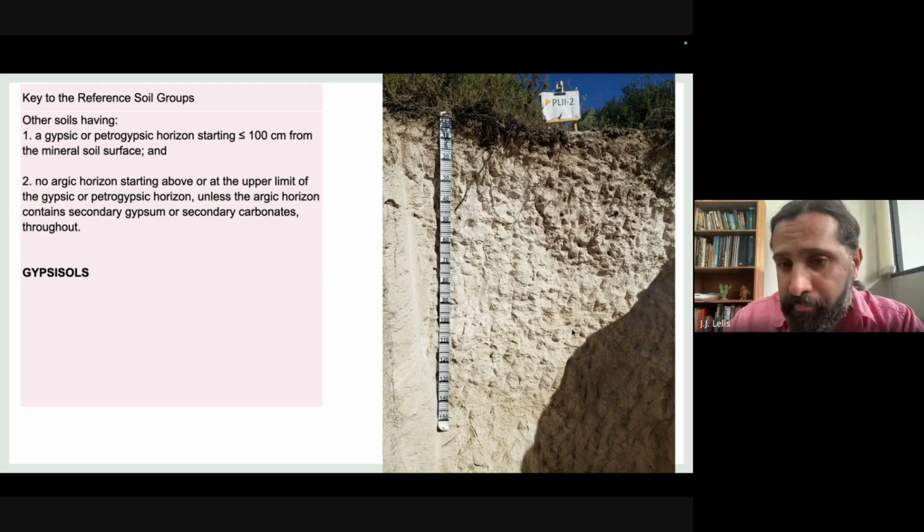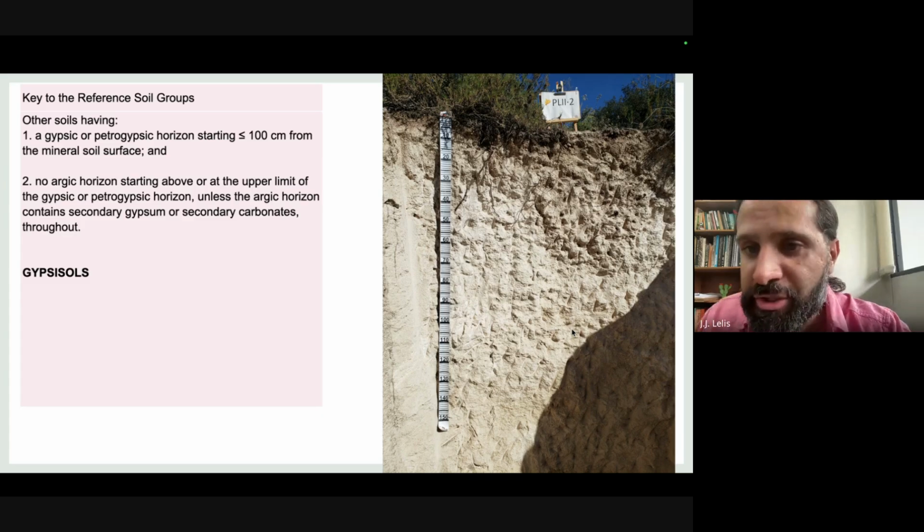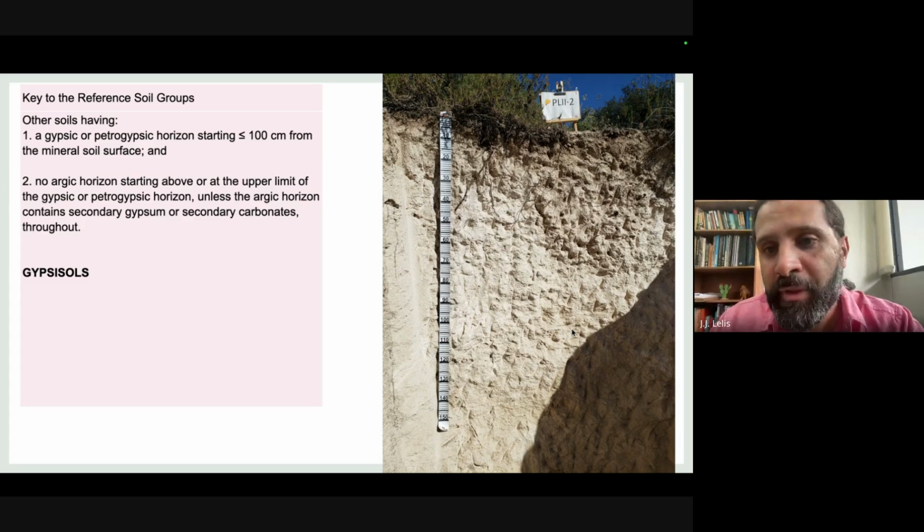So in both cases, you must take some samples, bring them to the lab, run some XRD analysis, and after the XRD analysis, you can identify the minerals and be sure if you register some gypsum in your horizon, in your soil. Okay, so so far we cannot identify gypsum in the field very easily.